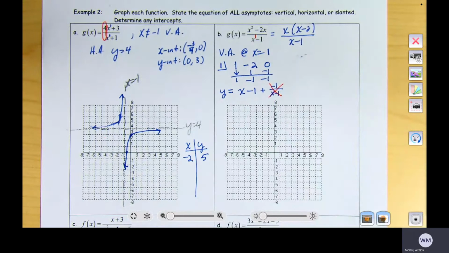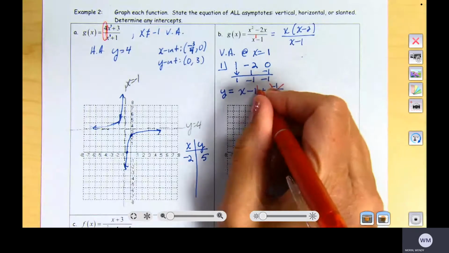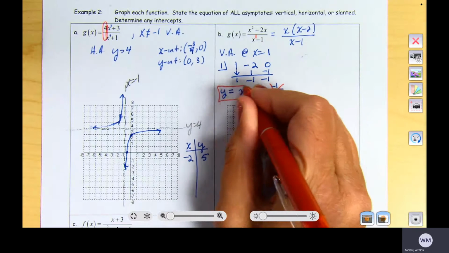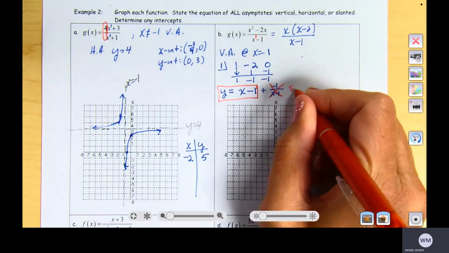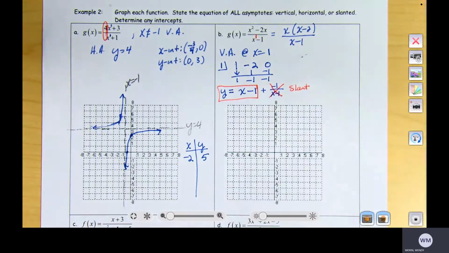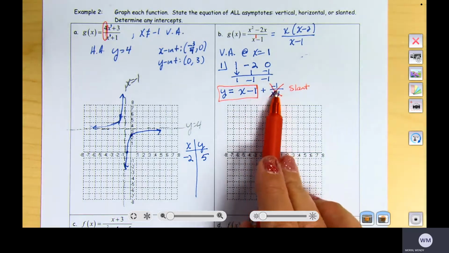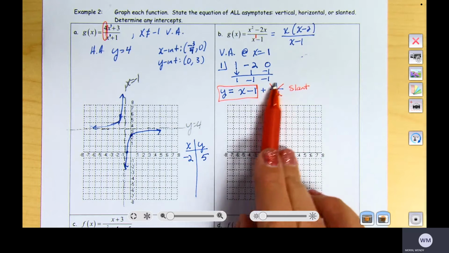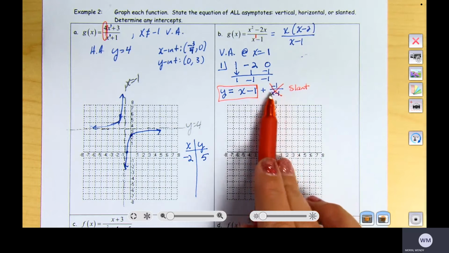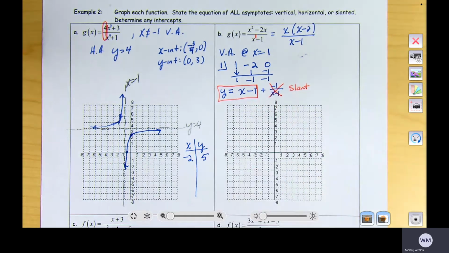That's a limit. So this right here is the equation of your slant asymptote. You can drop off the remainder because this becomes pretty much absolutely nothing at the ends.